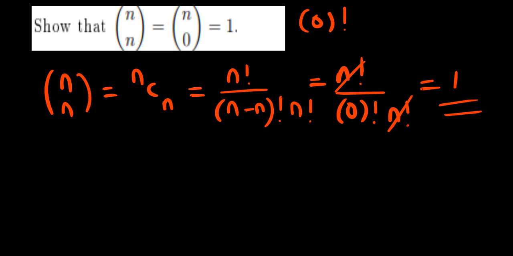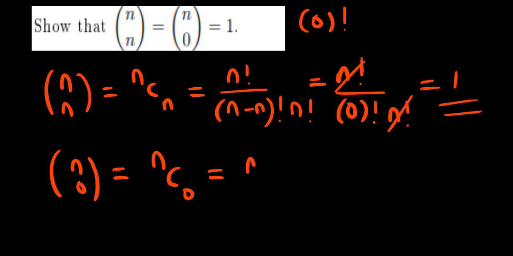The other one is n combination 0. So n combination 0, or n choose 0, is just the same as n factorial over (n minus 0) factorial, then 0 factorial.